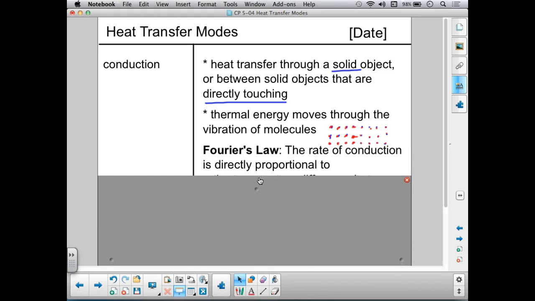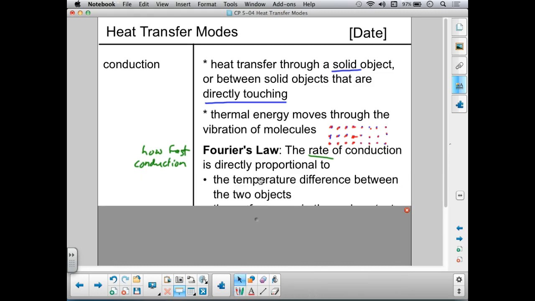There is a law called Fourier's law of heat conduction, and it states that the rate of conduction, so how fast conduction happens, this word rate means how fast, is going to be directly proportional to a couple of things.